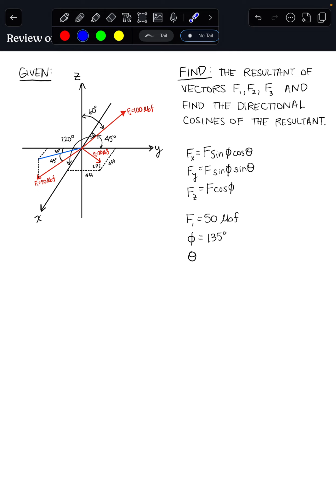We are measuring angle theta from the positive x-axis, and this direction towards the positive y-axis would be positive. Okay, but we're going negative, so if we go negative 90 degrees, then we'd reach this negative y-axis, and then we add back 30 degrees. Now we're at our blue line. So I need to go minus 90 plus 30, so that is negative 60 degrees.